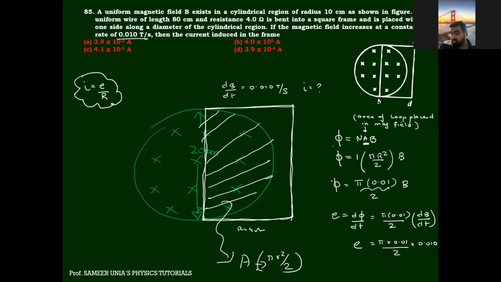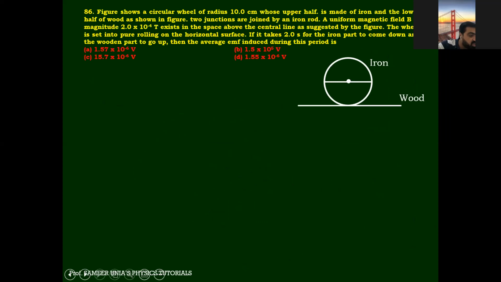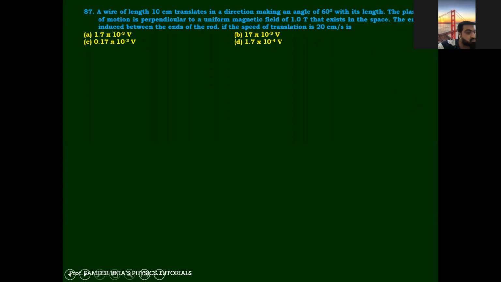Now, I'm doing a series of 3 questions. These 3 questions are important. Pay attention. 87, 88. 89 is simple only. A wire of length 10 centimeters translates in a direction at 60 degrees with its length.